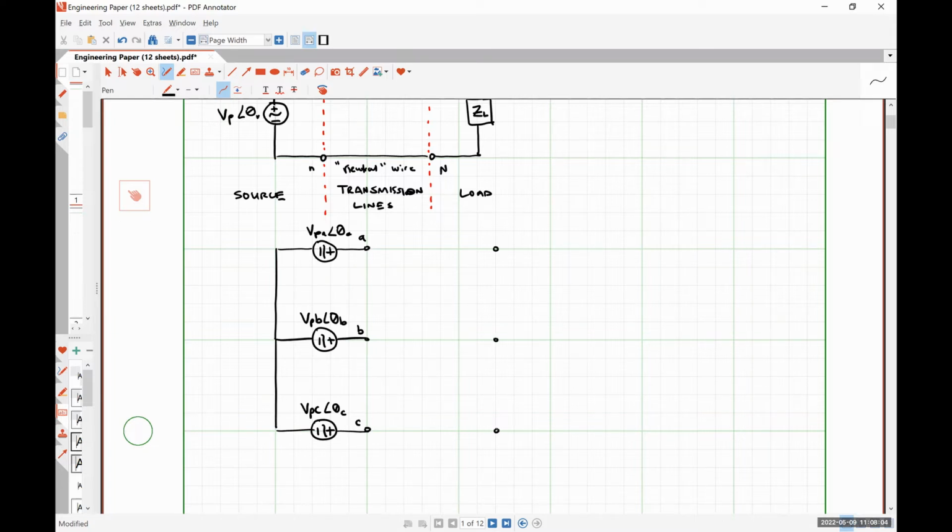On the right-hand side, I'm going to have my load terminal. So I'm going to call this uppercase A, uppercase B, and uppercase C. And we might have something like this.